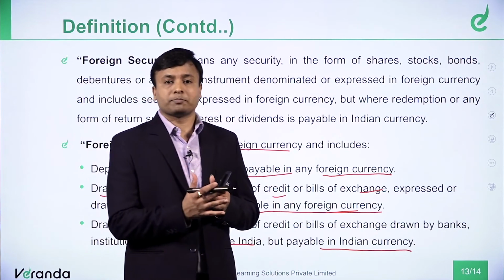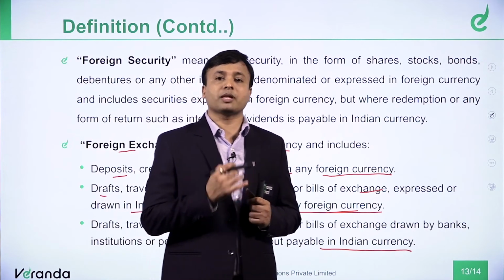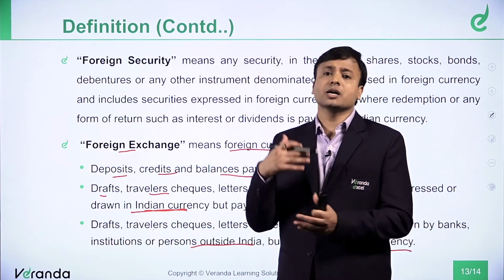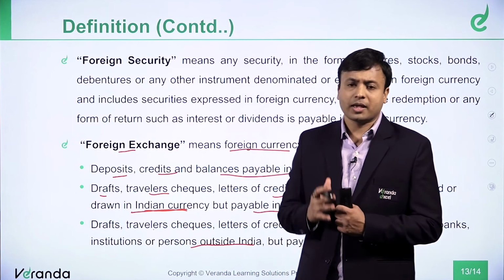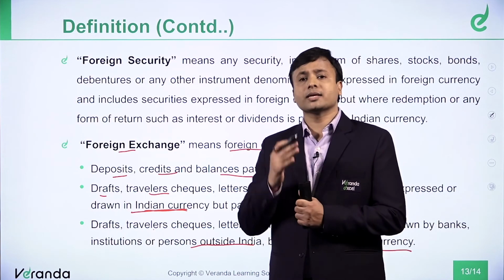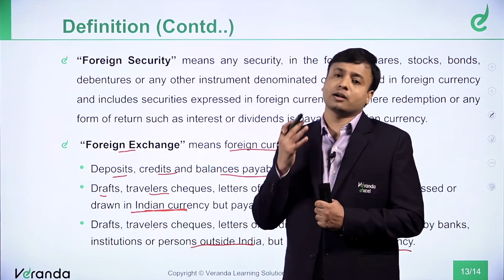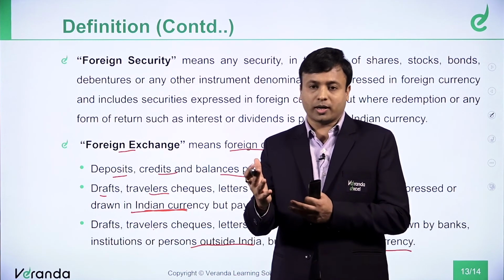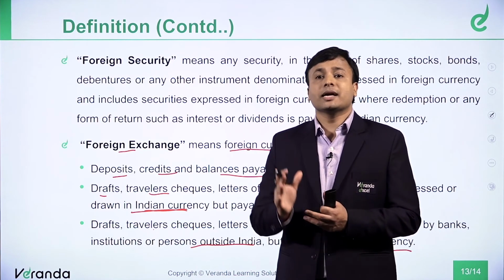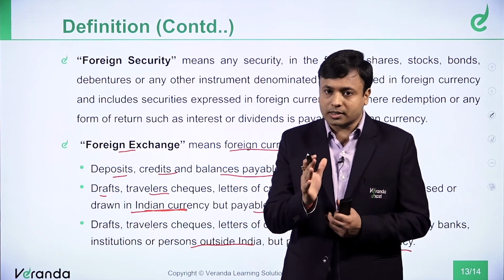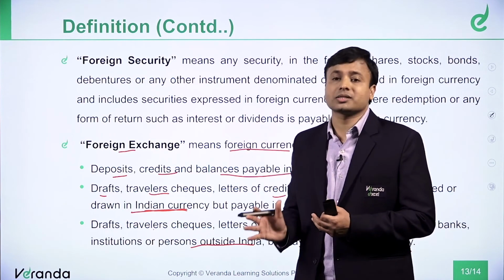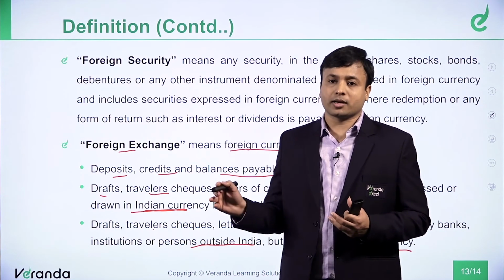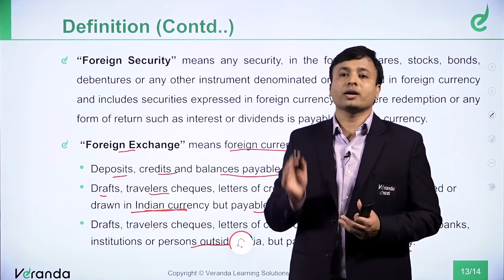Say Mr. Mukesh Ambani is part of Harvard University, and as an honorarium he receives a draft from Harvard University as remuneration. That honorarium is denominated in foreign currency. However, when he deposits this foreign instrument in India, it is payable to him in Indian currency. It forms part of foreign exchange.